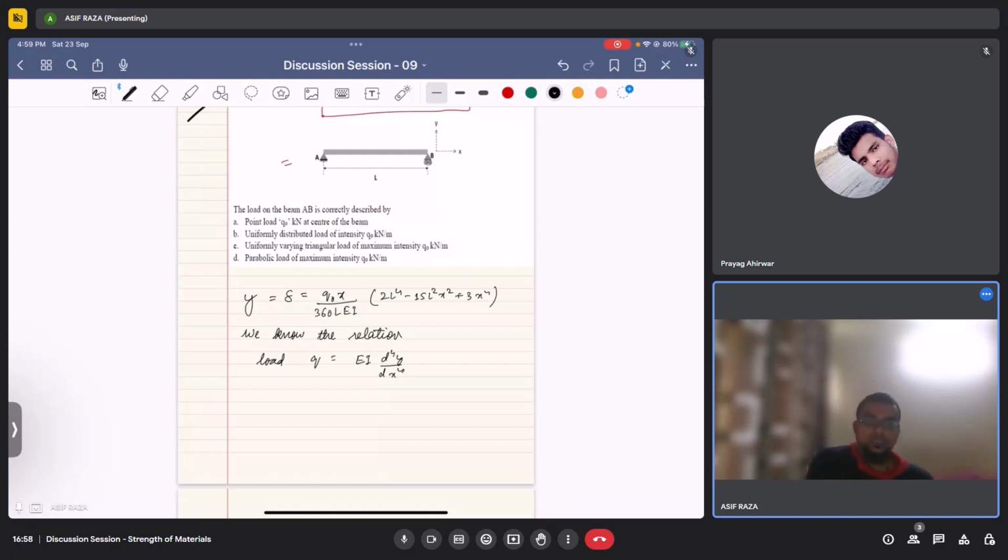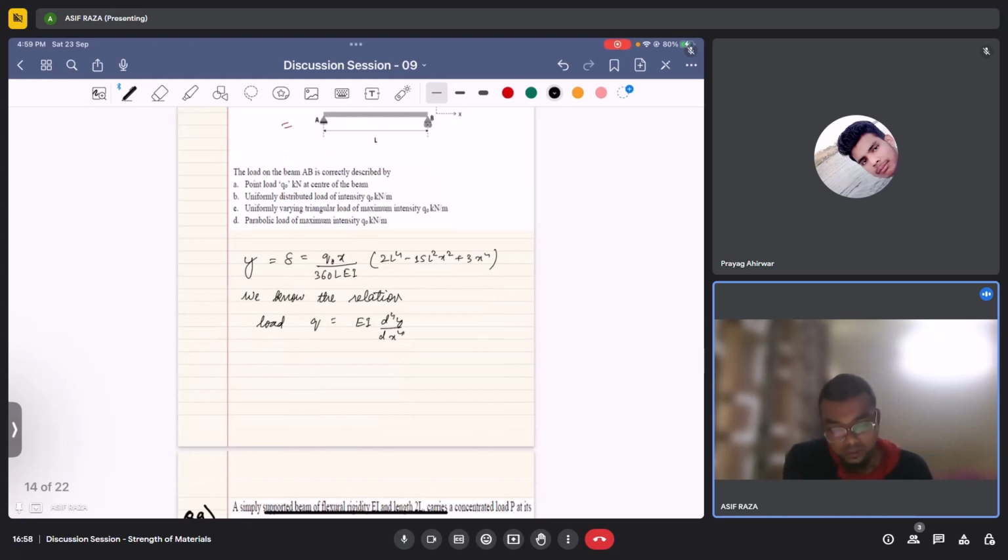This is the relation of loading with respect to the deflection curve. So we need to compute the fourth derivative.